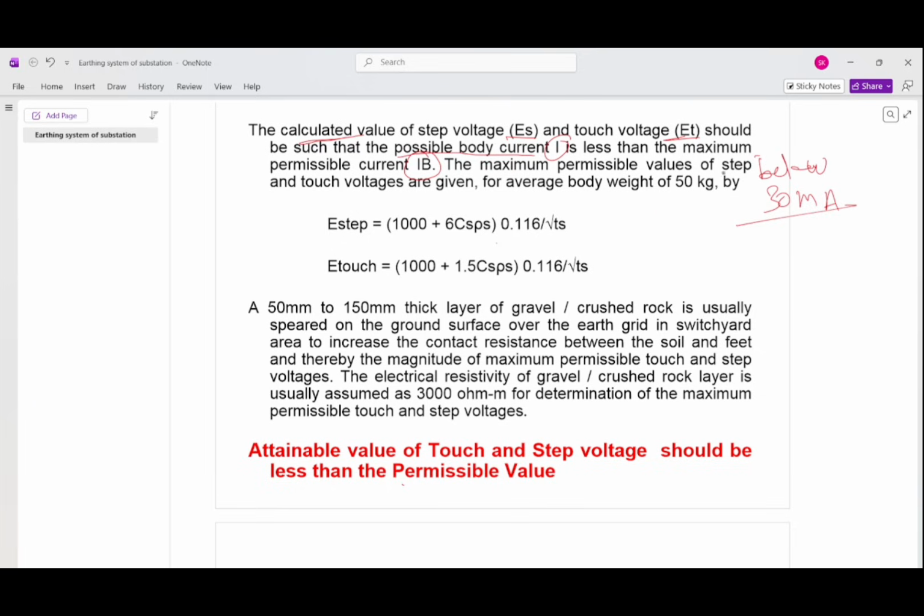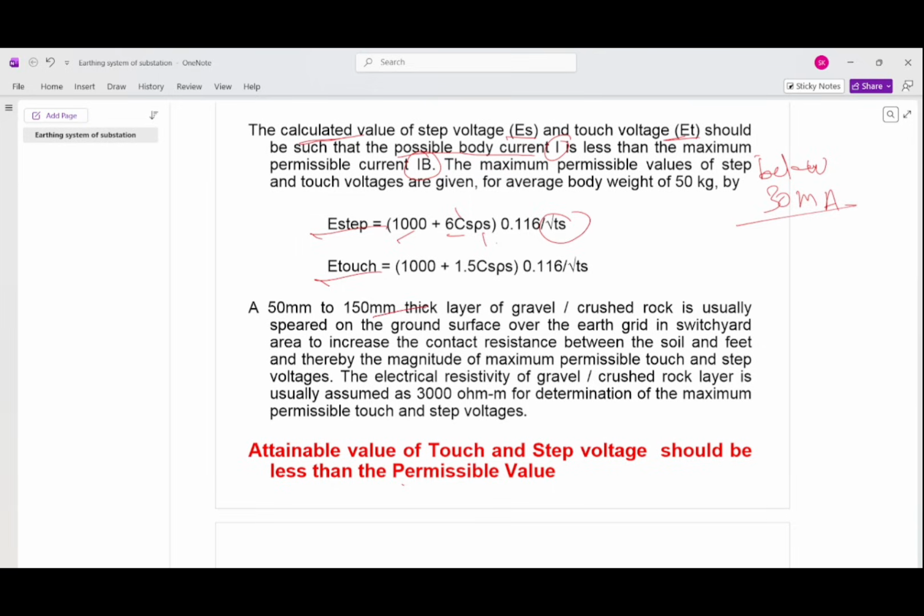The maximum permissible values of the step and touch potential are given for an average body weight of 50 kg. So 1000 plus 6 into CS, this is the surface layer derating factor, then rho s is the soil resistivity, and ts is the time of operation. So these two are the formulas for the step and touch potentials.